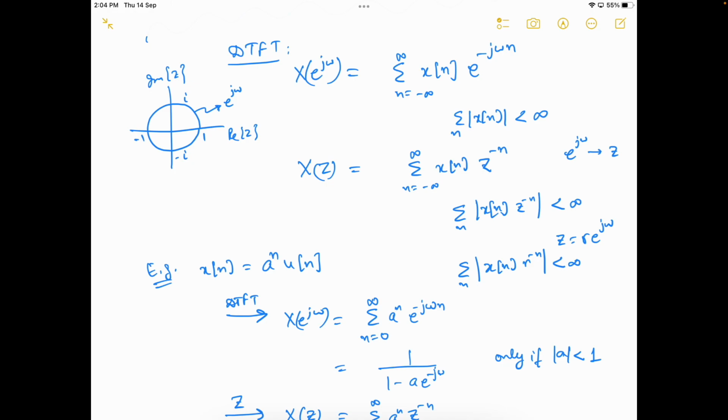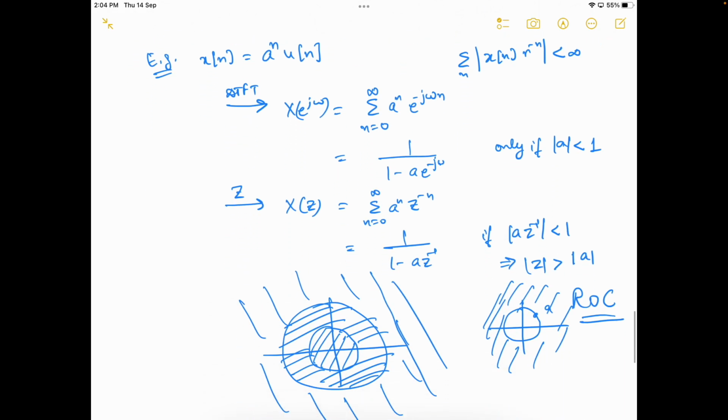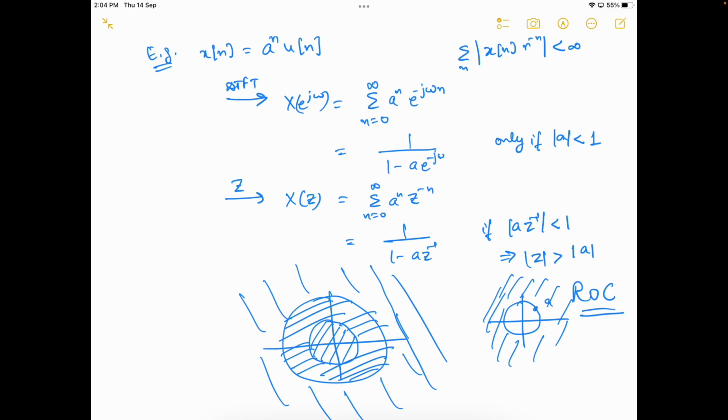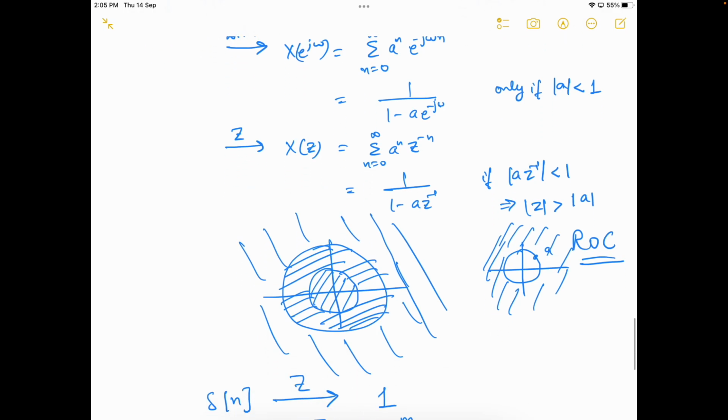This summation will not converge, because we know from the infinite sum formula that it will not converge if a is 2. But if we extend the concept of DTFT to Z transform, then if I choose my Z greater than 2, this series will converge. So my Z should lie outside 2. That is my region of convergence. Whenever my Z is in this region, this term represents the Z transform of 2 to the power n u of n. So that's the concept of Z transform.